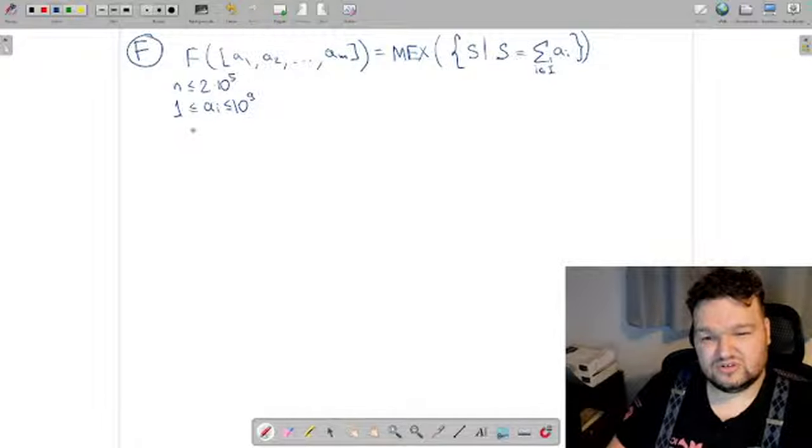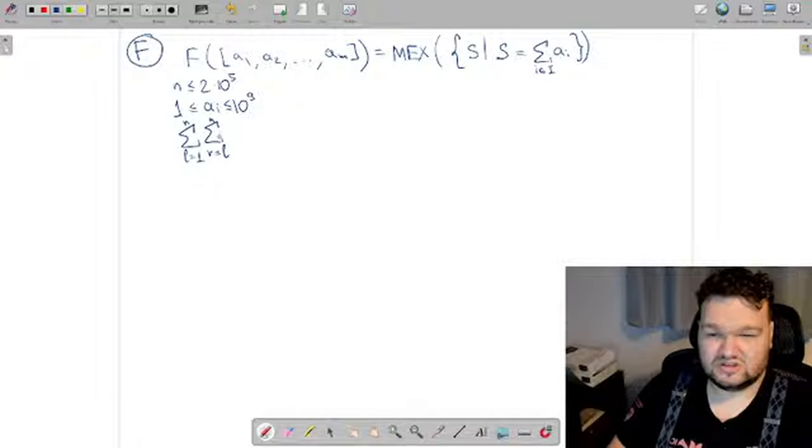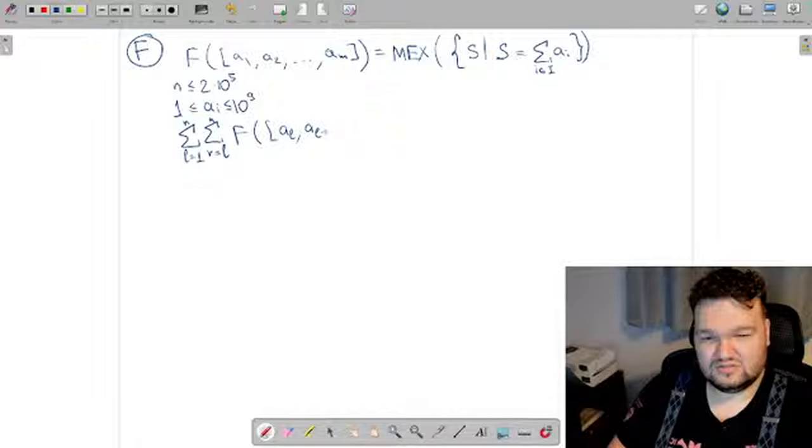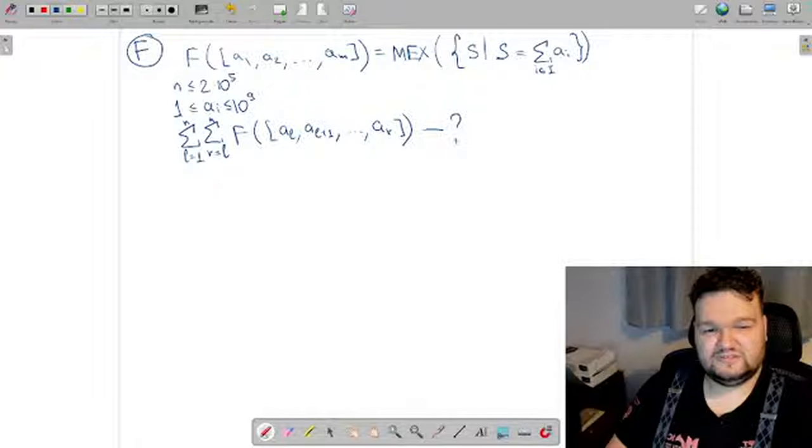And we want to calculate the sum of values of f over all subsegments of this array. So we're calculating the sum of f of the subarray from L plus 1 to R. So that's what we want to find.